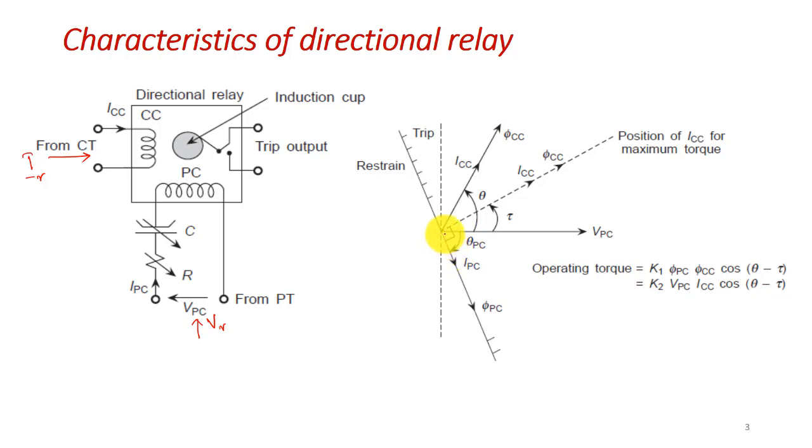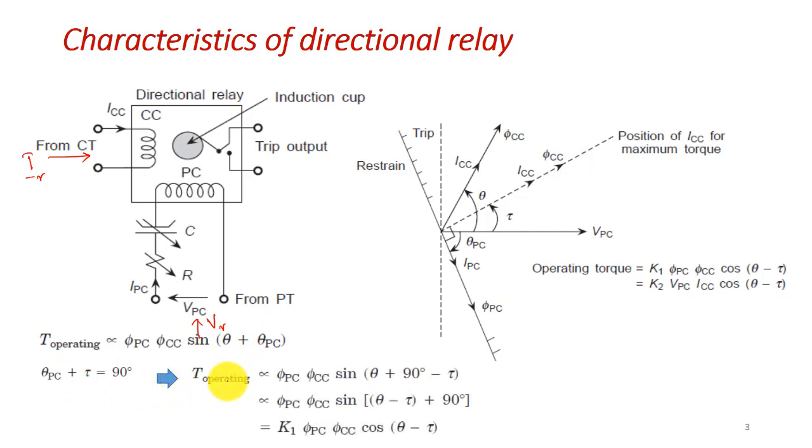With respect to this, already we discussed, this is the position of ICC for maximum torque. In the last class we saw how it came by deriving the operating torque, and from the operating torque we found that the angle between IPC and the position of ICC should be 90 degree.